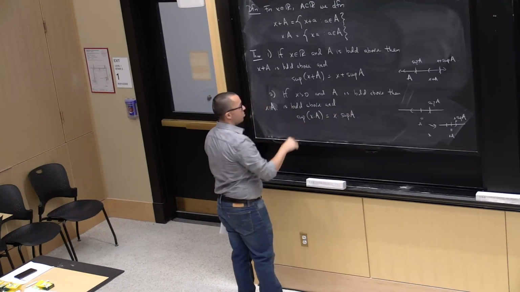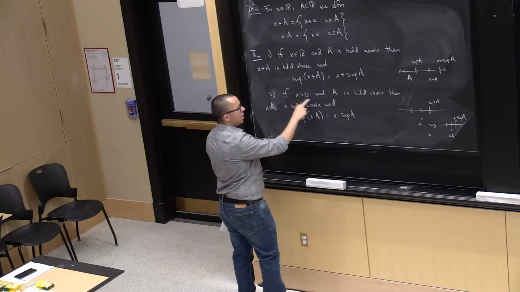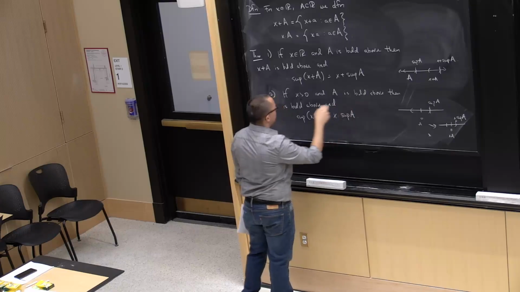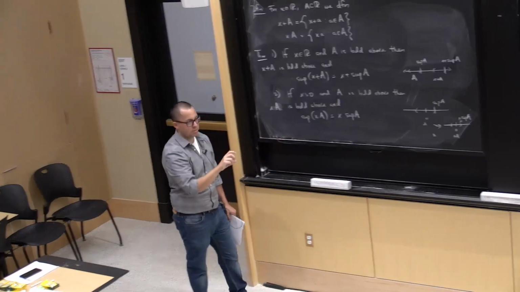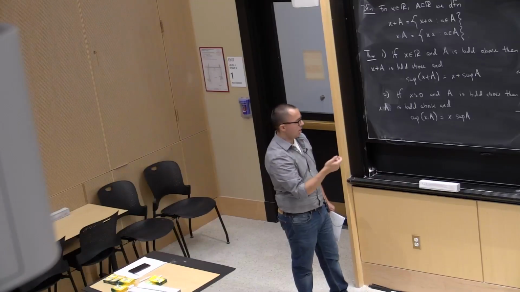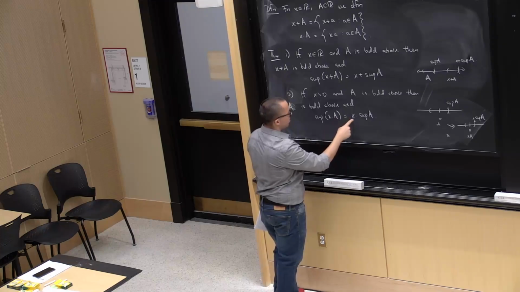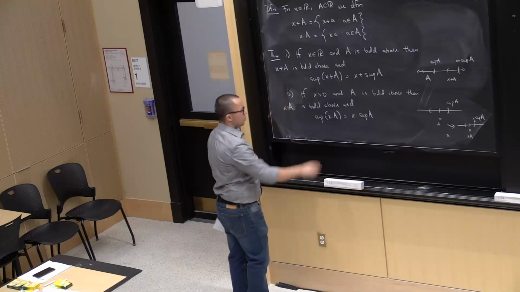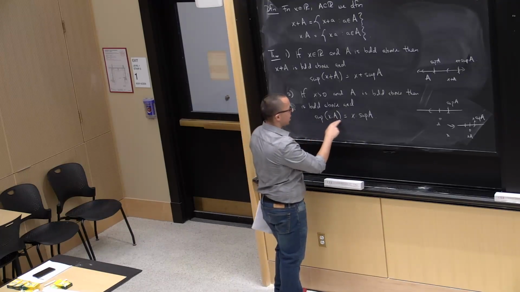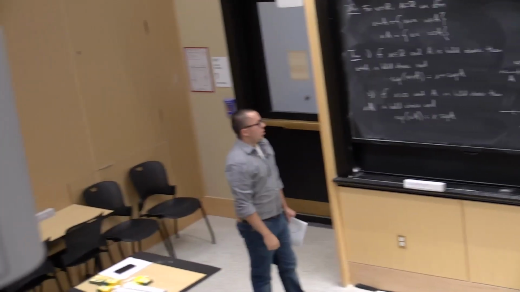The corresponding statement is: if x is less than 0 and A is bounded below, then x times A is bounded above, because multiplying by something negative flips inequalities. And the sup of x times A is equal to x times the inf of A. There should be no minus.